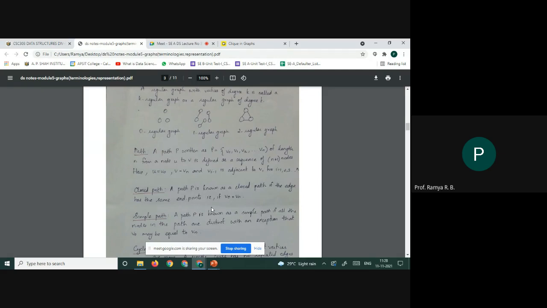You can define it as a path denoted by P equal to V0, V1, V2, etc., Vn. So you're basically going from V0 to Vn. V0 is your source vertex and Vn is your destination vertex. Your path from V0 to Vn is defined as a sequence of nodes. Every path is defined as a sequence of nodes.